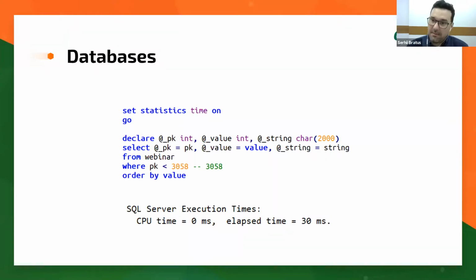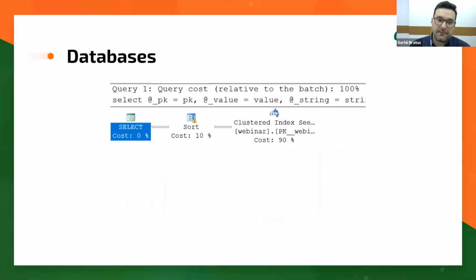So what happens if you look at the actual execution plan? You'll see that it gets the data, then sorts it, and then goes to the select, and the sort has a little mark right over there.